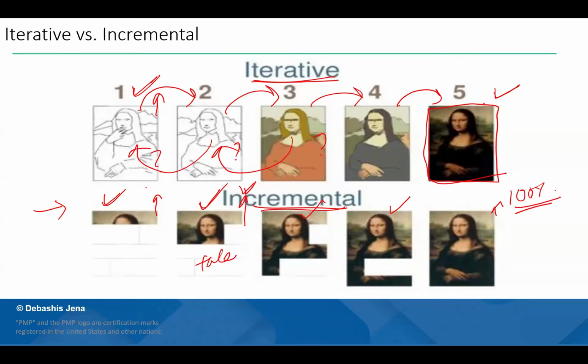At the end of iteration 1, 25% of the functionalities are already there and they're all working. You release it for operational use. We can use it with these limited features. And then at the end of iteration 2, my product would be, say, 40% built. You add on to the functionality and so on. And by the last iteration, my product is fully built, with all functionalities in it.